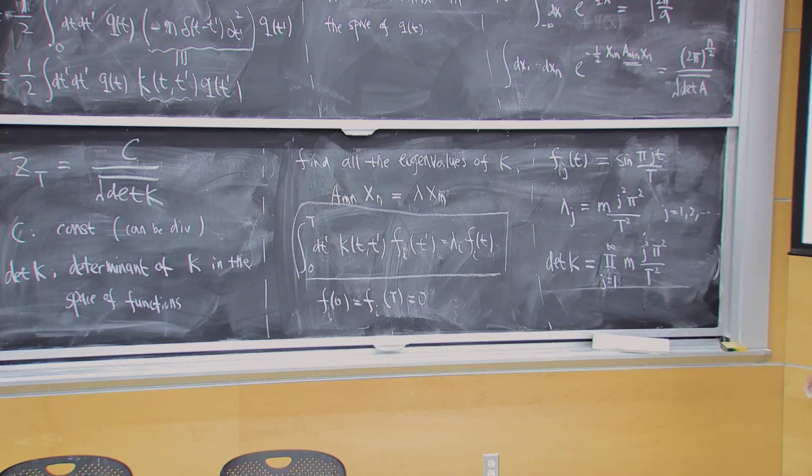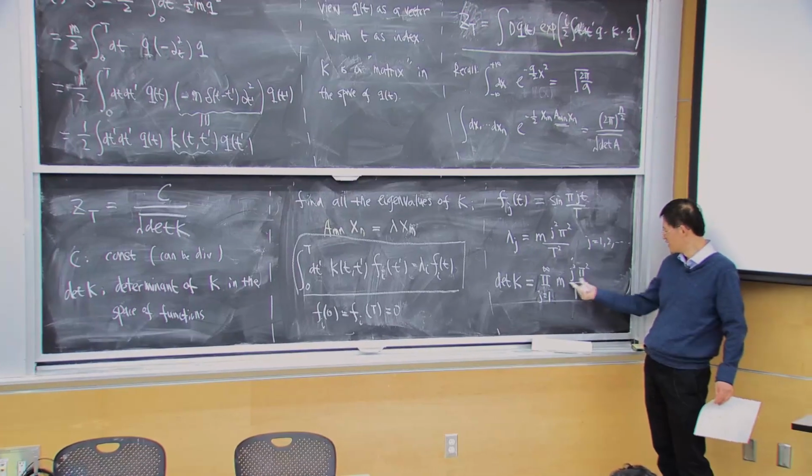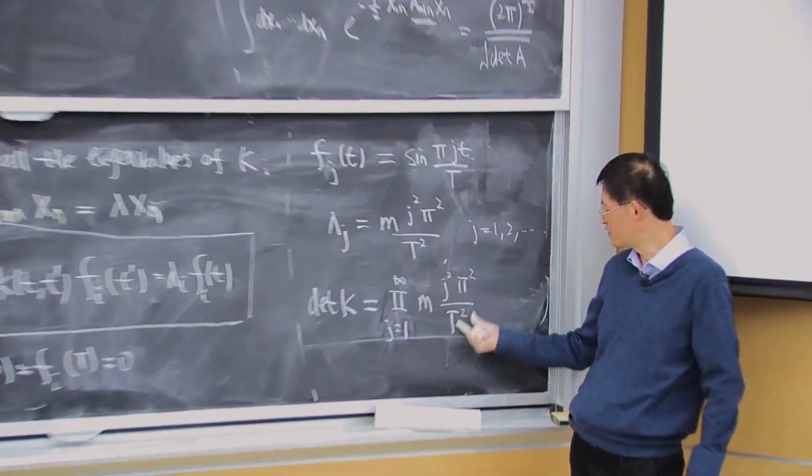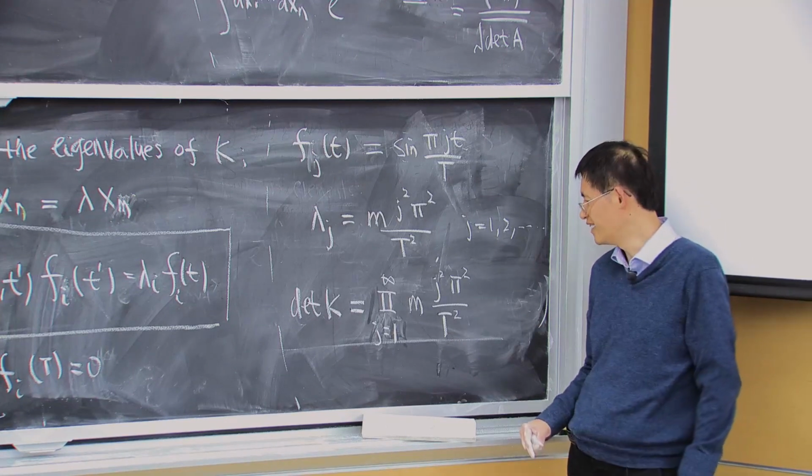So you say, what is this beast? We have all these constants multiplied infinite times, and then we have this j squared.